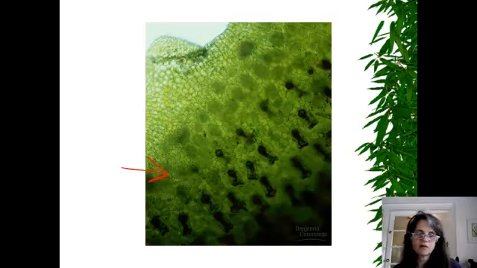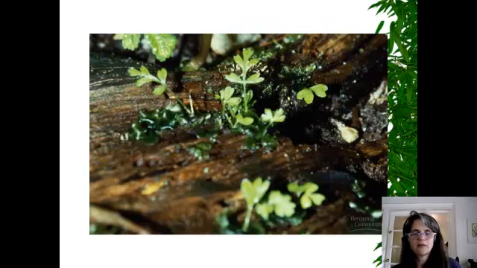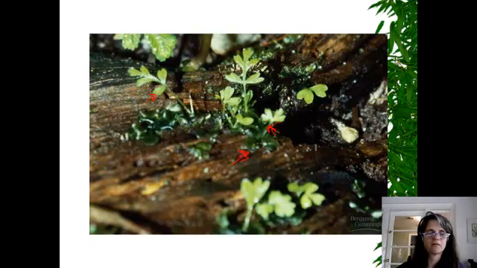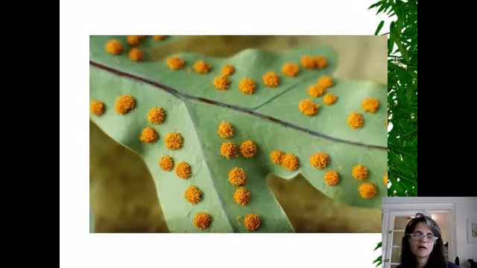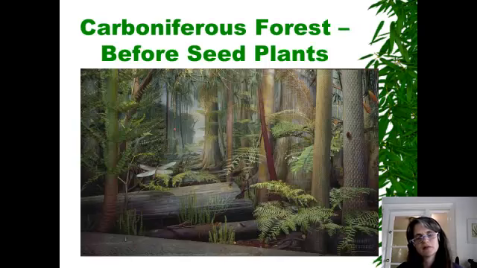Those reproductive parts, they're magnified on the gametophyte. Sperm will swim to egg, fertilize the egg, and then if you look here, here's the little gametophyte stuck to the log, and here's a little sporophyte growing right out of it. And we actually have several little sporophytes growing out of their little gametophytes. So we let that sporophyte grow, and we get another beautiful fern, and we start the life cycle all over again. Here's some more different sporangia on ferns, and that's our life cycle.